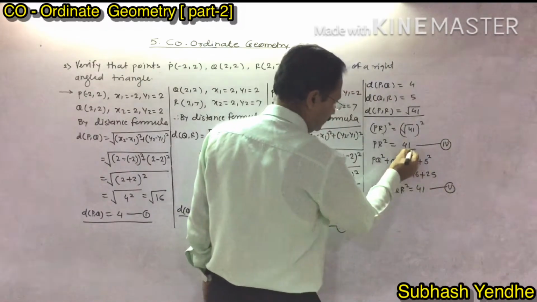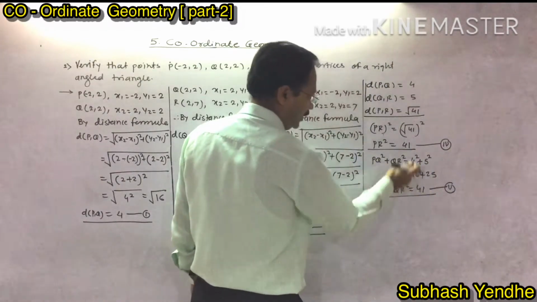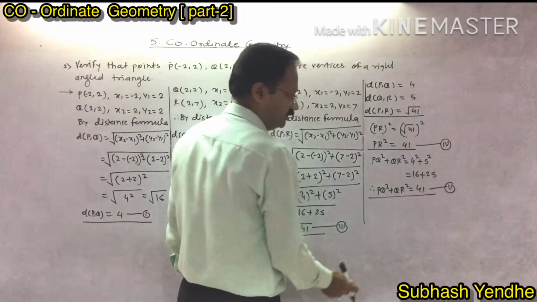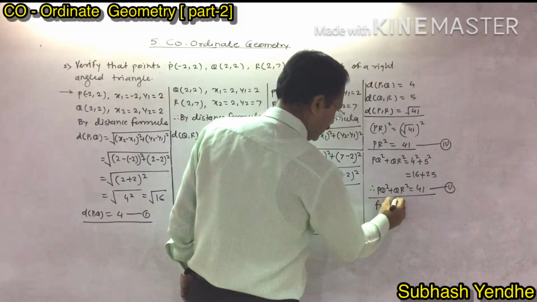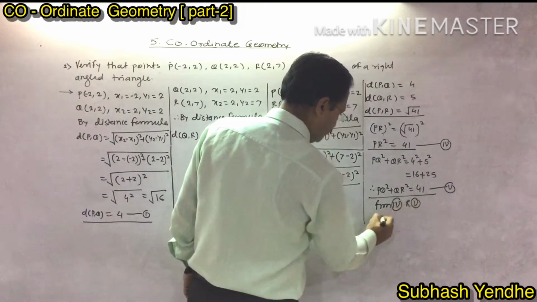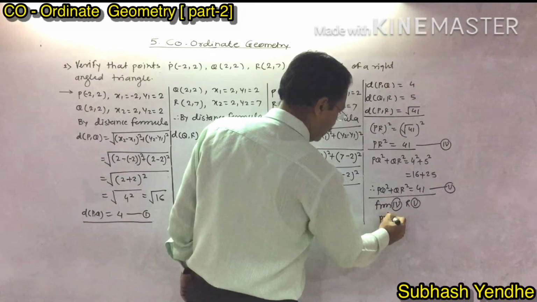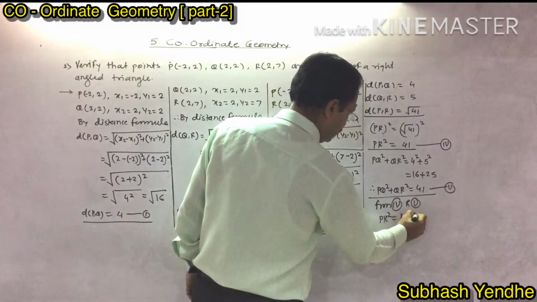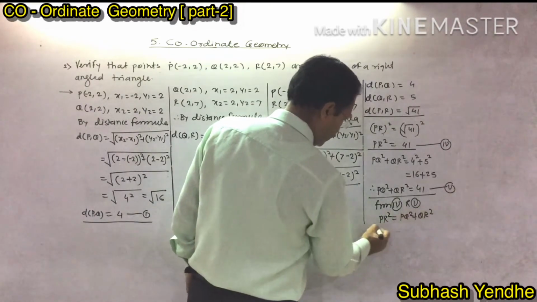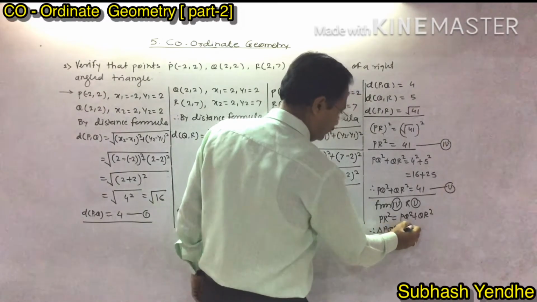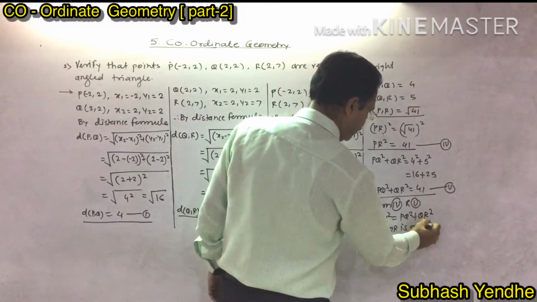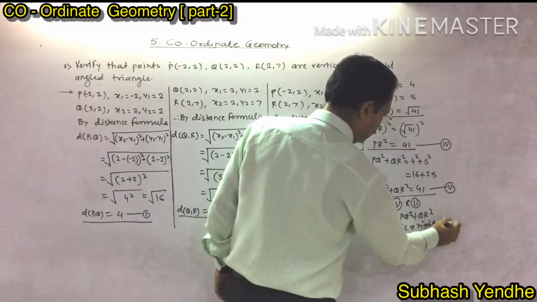So what you observe from 4 and 5? This is 41, this is also 41. So from 4 and 5 you will get PR square equals PQ square plus QR square. Therefore, triangle PQR is a right angled triangle.